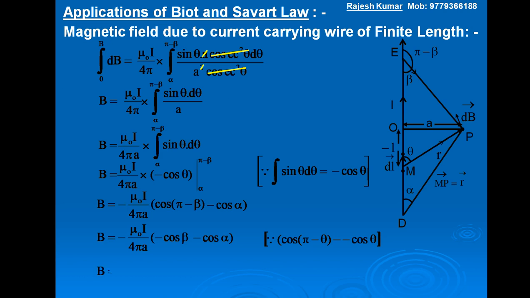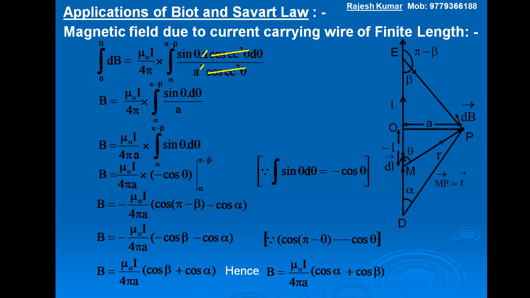By solving this, when we take minus common, it cancels with the minus outside. Hence, B is equal to mu naught I upon 4 pi a into cos alpha plus cos beta.